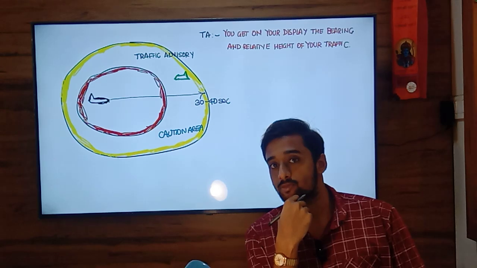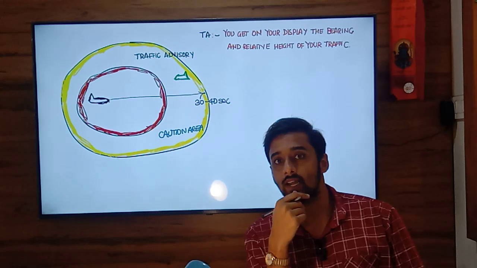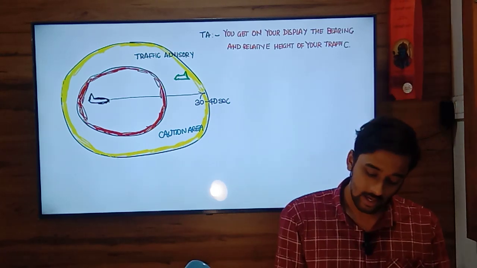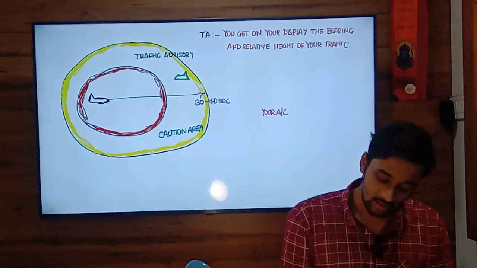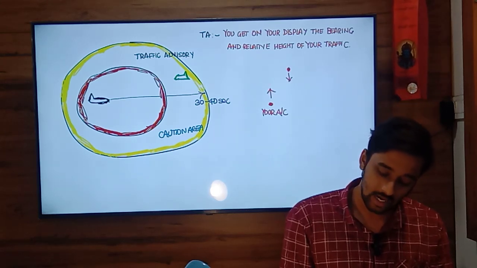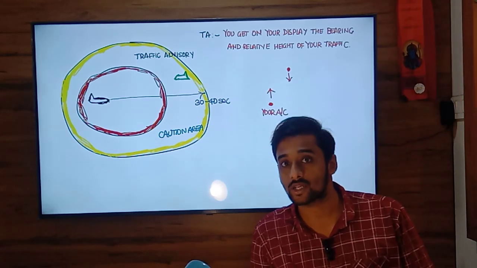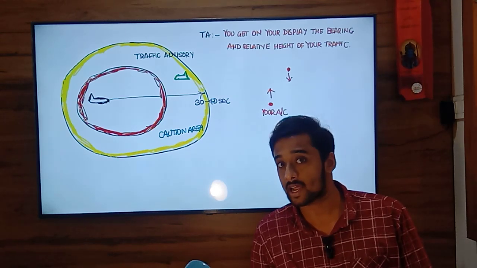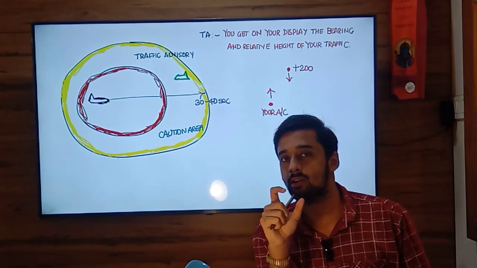Second information that is displayed is relative height. Let's say you are flying at 1000 feet and the other traffic is flying at 1200 feet directly in front of you. So the relative height between your aircraft and that traffic will be plus 200.